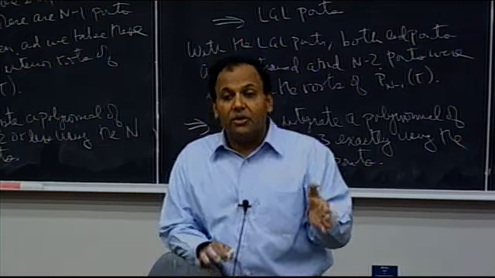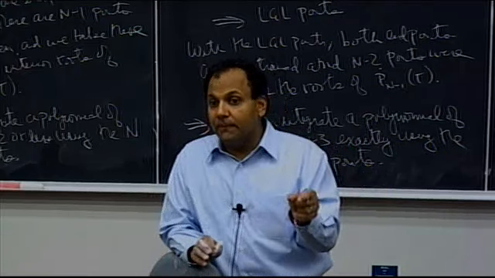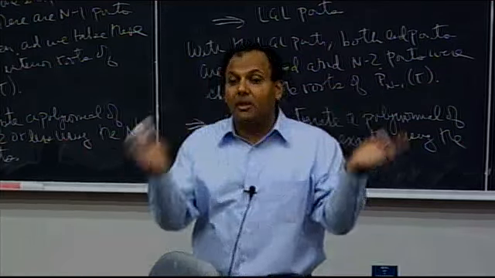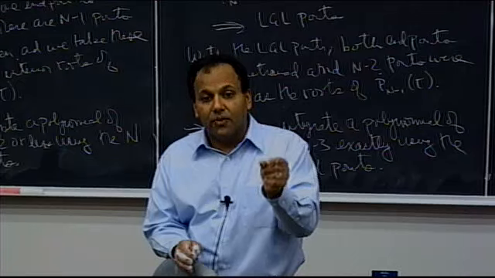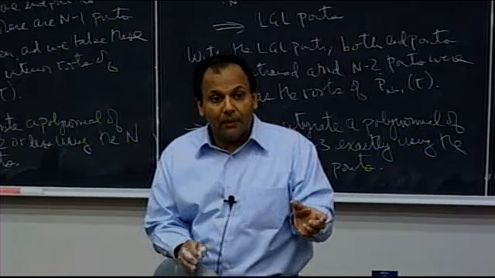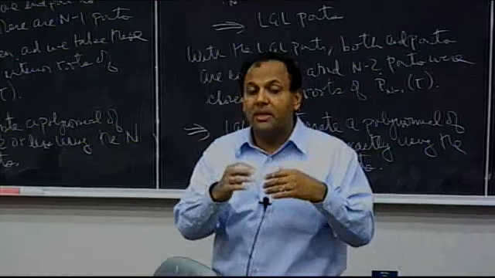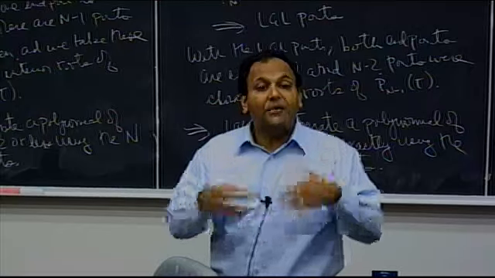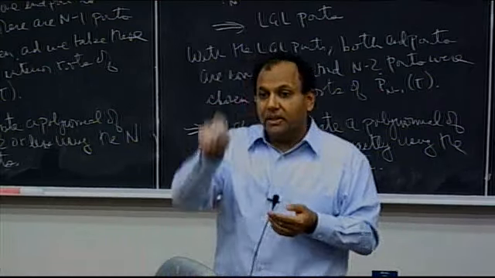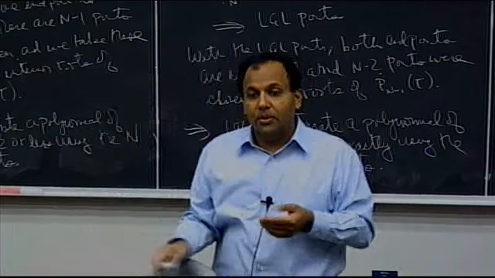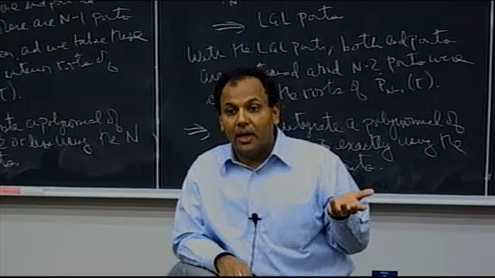So even if I double the number of intervals and make the interval width half, I'm still only as good as order h. So by doubling the number of support points in the interval, I've only increased the accuracy from h to 2h. By increasing the number of mesh intervals or support points by twice, I gained very little in the accuracy of the integration scheme. Now, instead of using a rectangle, I could use a trapezoid. But a trapezoid is still only slightly better. It's only accurate to order h squared.